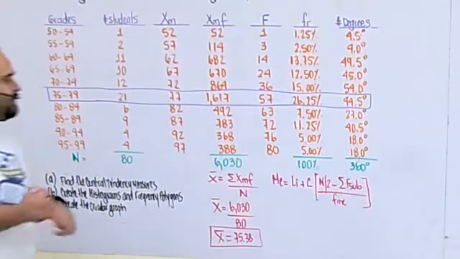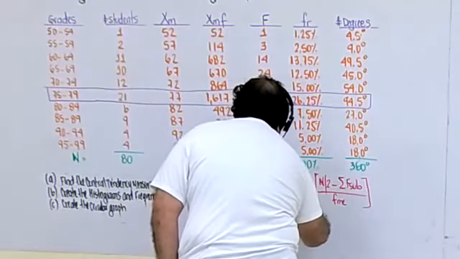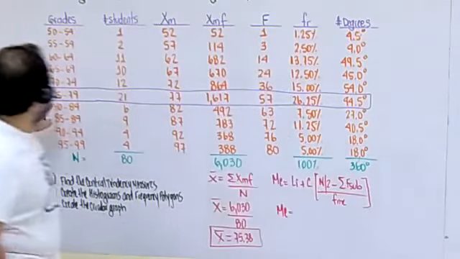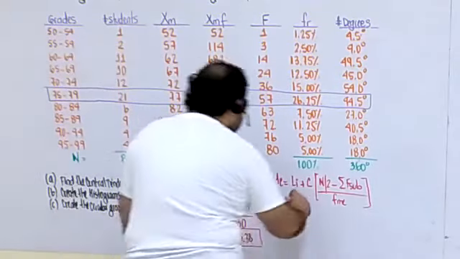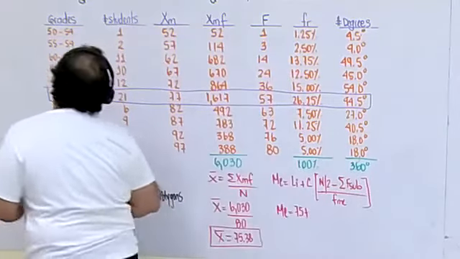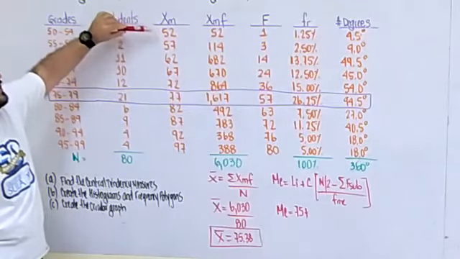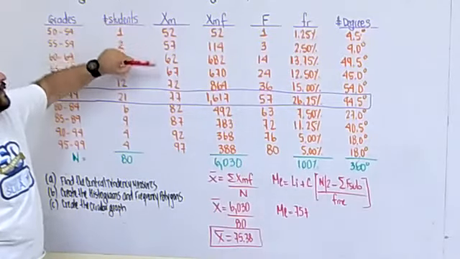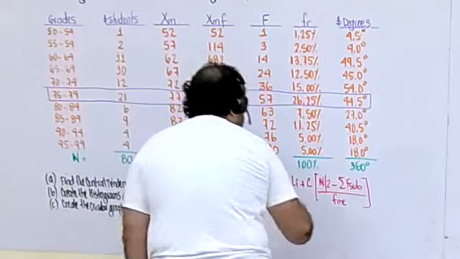Okay, for that reason, the median will be given by the lower limit, as you can see, is 75, plus the amplitude or width, so you see that was 5 points, right? 52 to 57 is 5, 57 to 62 is 5 points. For that reason, we're going to have 5.